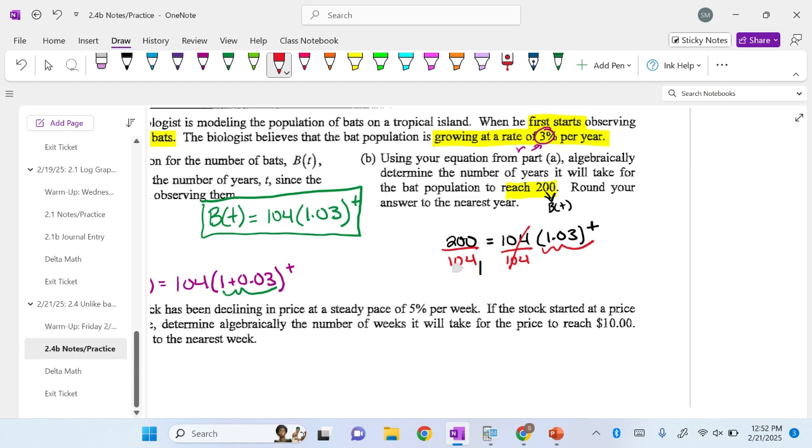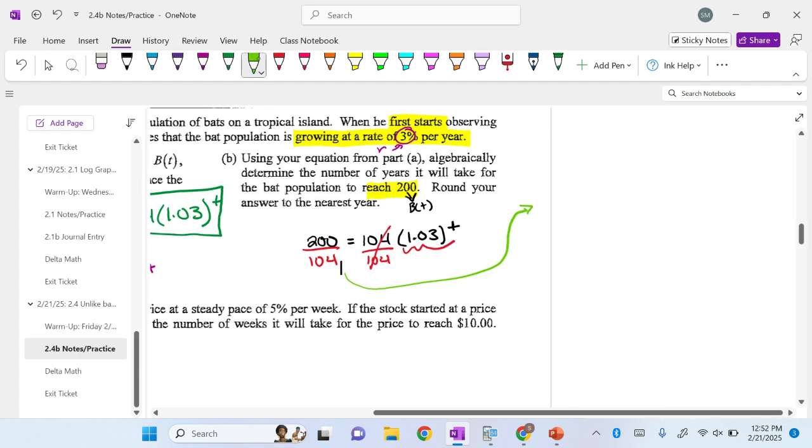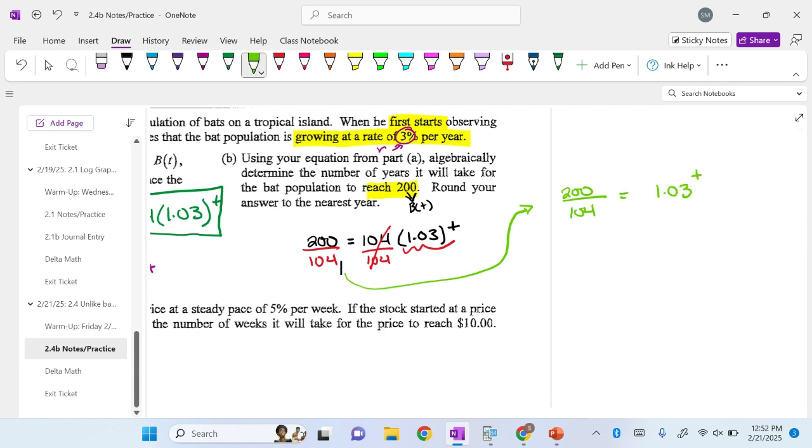So this goes away, and this becomes 200 over 104 is equal to 1.03 all raised to the value of t. Now guess what we can do? So this looks familiar now.